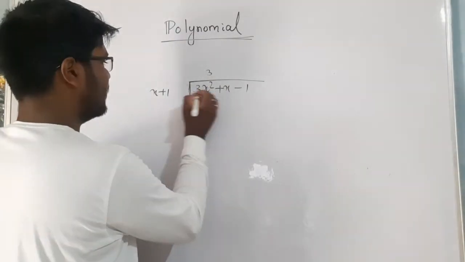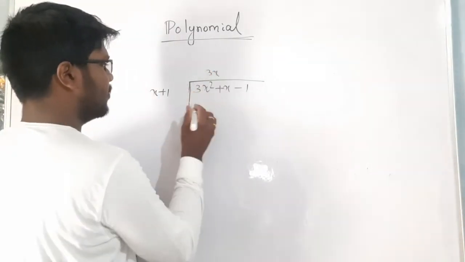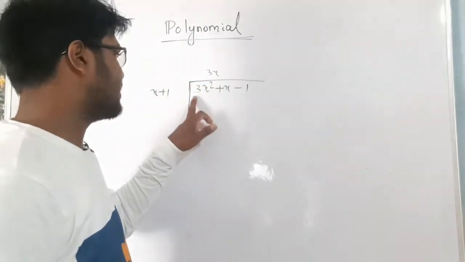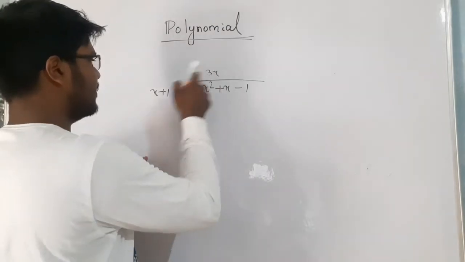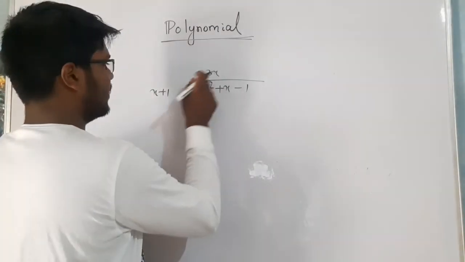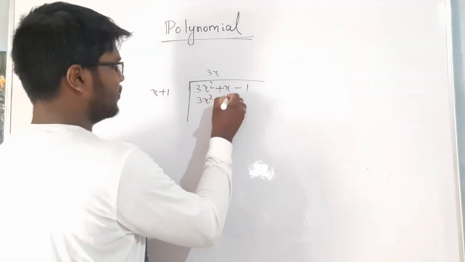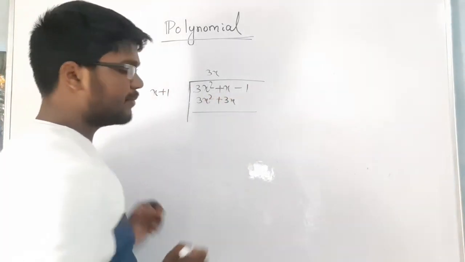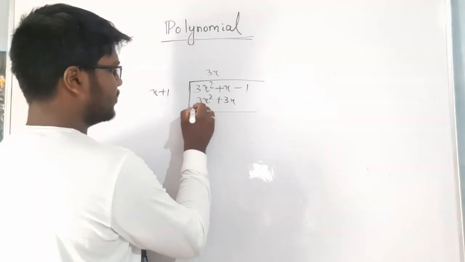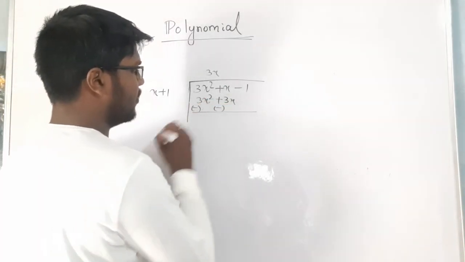After that, here is x, and I will write x to get x into x square. We have to equalize its first term. Then when we multiply this with these two, it will become 3x square, and multiplied with it will become 3x, and after that it will be subtracted, and in the subtraction the sign will change. This plus will become minus, here plus will become minus.